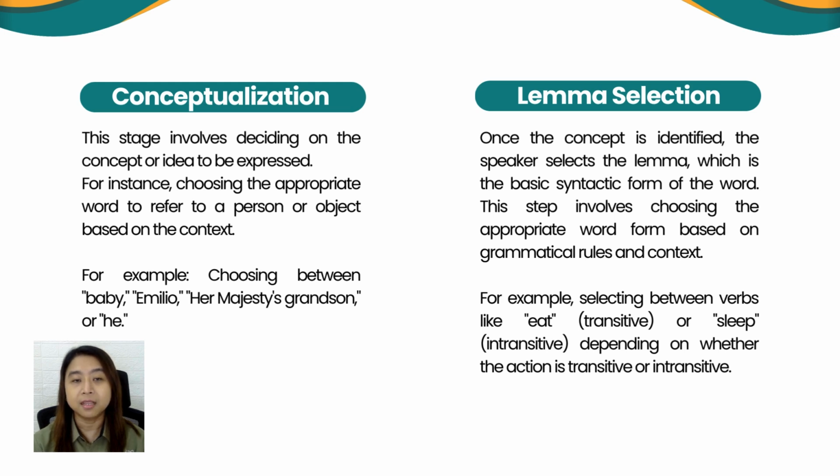Next is lemma selection, where the speaker selects the lemma, which is the basic syntactic form of the word. This involves choosing the appropriate word based on grammatical rules and context, such as a selection between a verb like eat, transitive, or sleep, intransitive, depending on whether the action is transitive or intransitive.